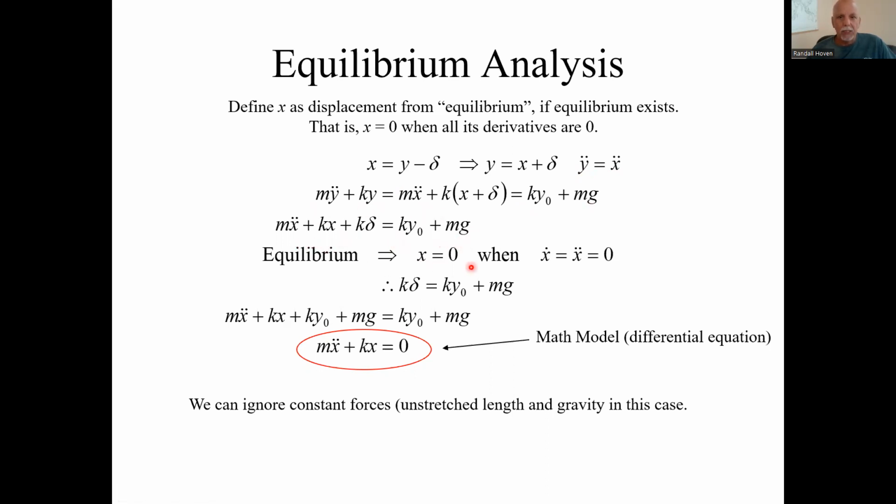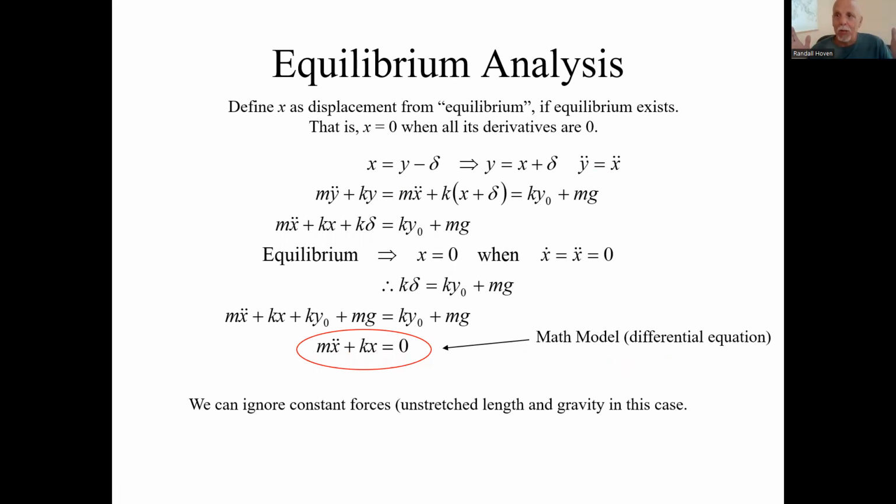And if you say x is defined as 0 when those derivatives are 0, the whole thing simplifies to this. You can follow this simple algebra. This says we could ignore constant forces. So we could ignore the unstretched length of the spring, and we could ignore weight. We could just analyze it a lot easier if we define this x as the displacement from equilibrium.